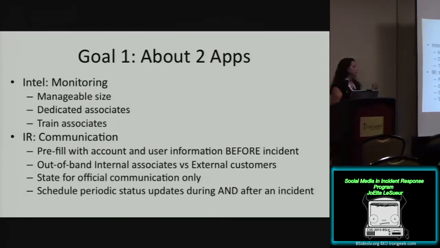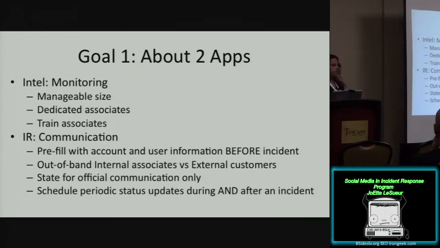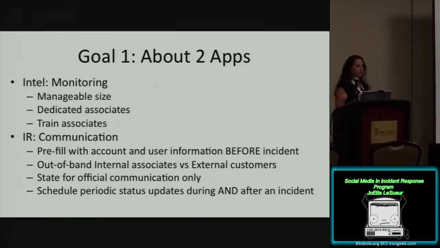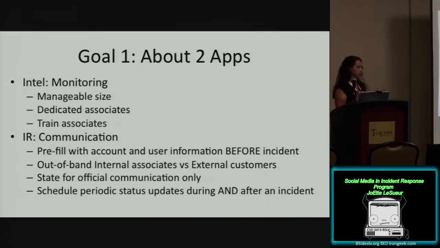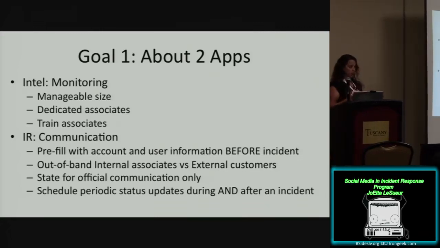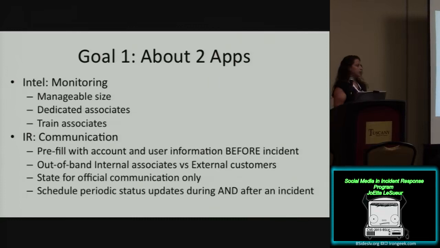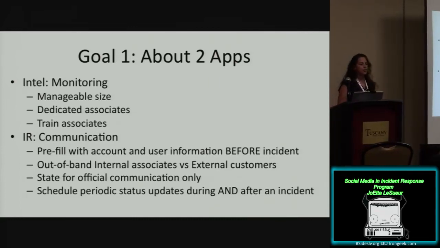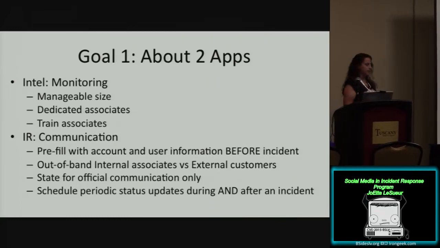You can use this for internal communication with your associates, and for external communication with your customers. Be sure to state that the particular social media application you're going to use is the official communication channel for status updates when an incident occurs. You can use these tools to schedule periodic status updates during the incident and again after the incident has occurred.